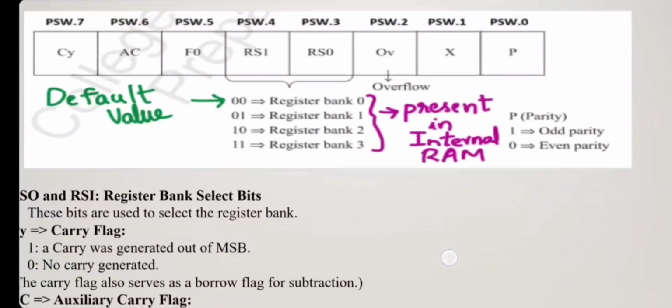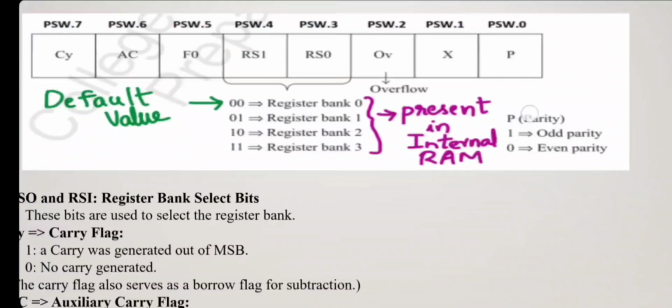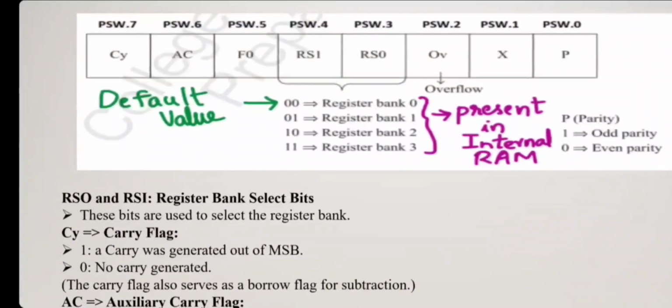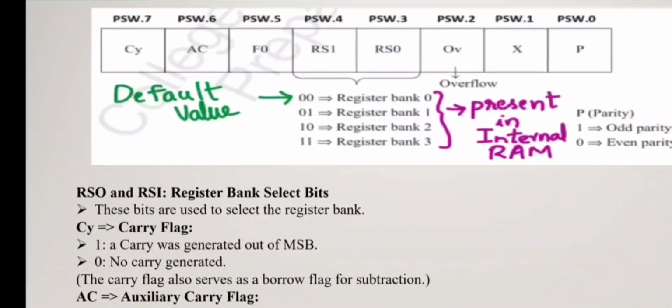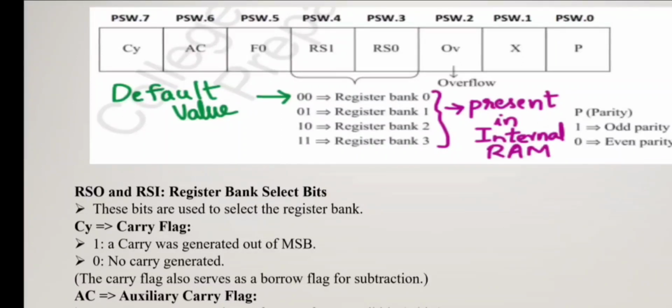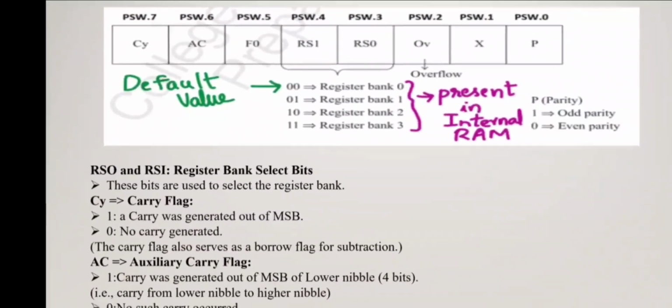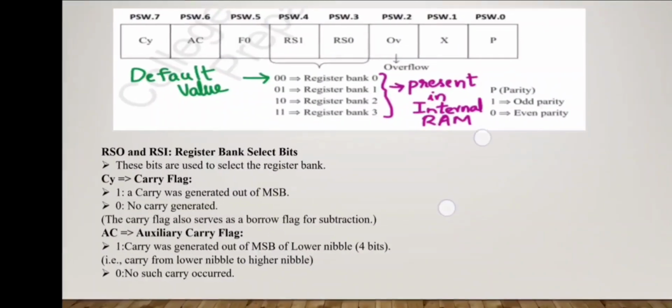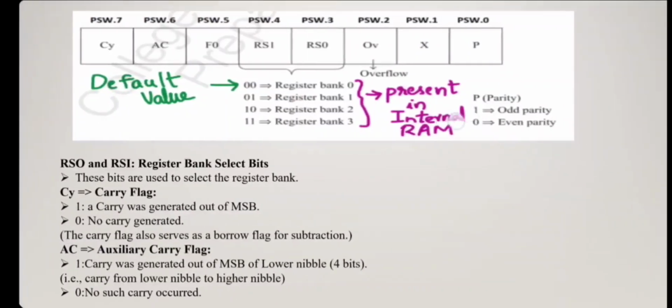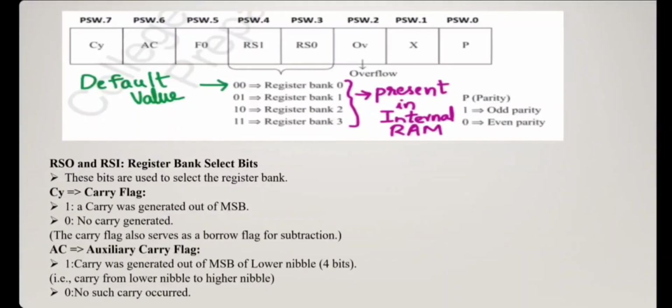This is the flag register, or PSW register. It's an 8-bit register. The first bit is PSW0, then PSW1, PSW2, PSW3, 4, 5, 6, 7. These are the 8 bits of the flag register, or program status word. The first bit is the parity bit. For the parity bit, we count the number of ones in the accumulator.